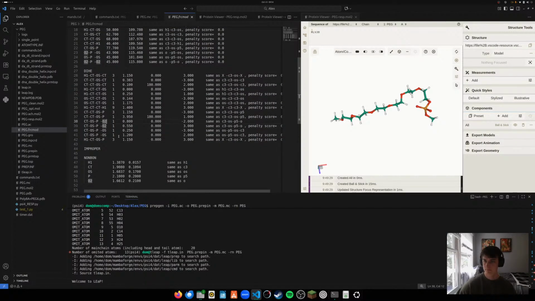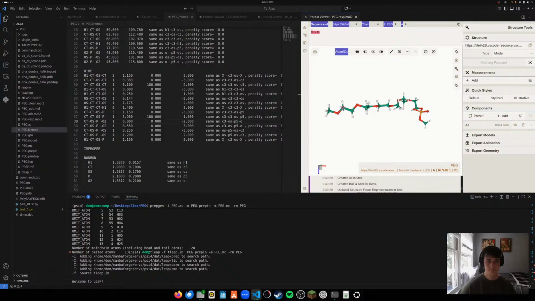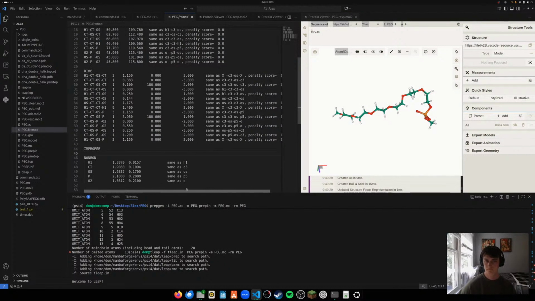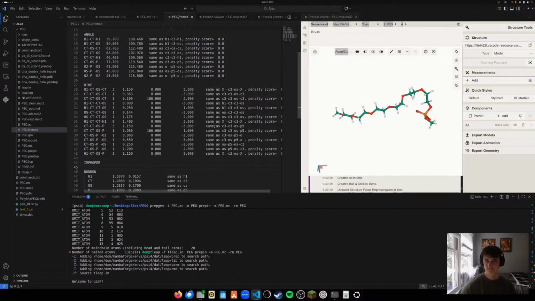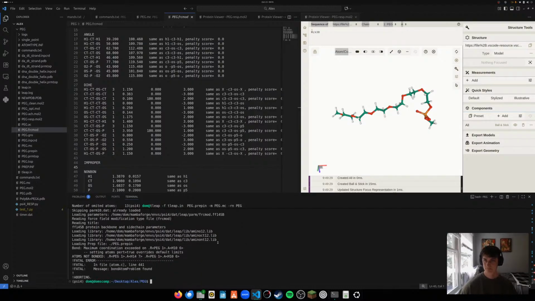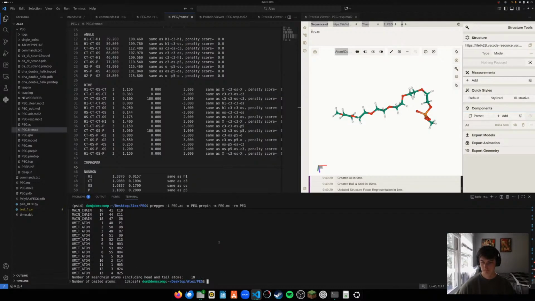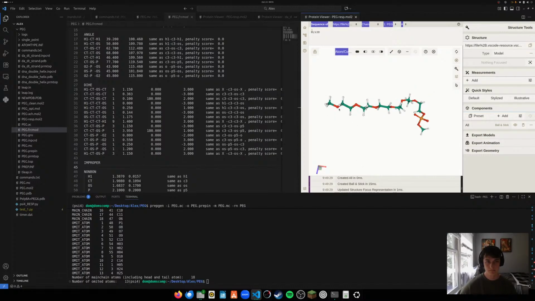What? It's so weird. 18, including head and tail atom. 1, 2, 3, 4, 5, 6, 10, 11, 12, 13, 14, 15, 16, 17, 18.